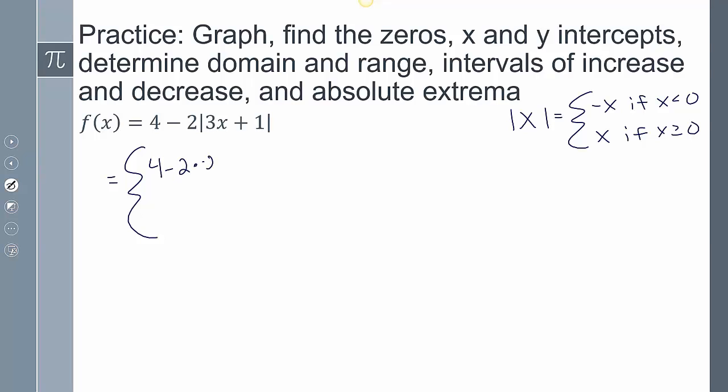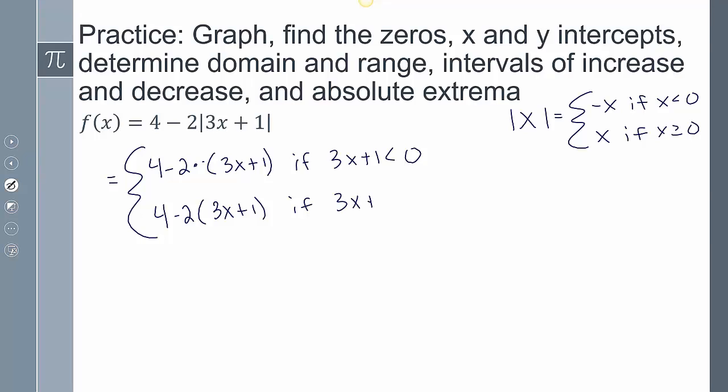So negative whatever's inside my absolute value, if whatever's inside my absolute value is less than 0. And then whatever's inside my absolute value if whatever's inside my absolute value is greater than or equal to 0.